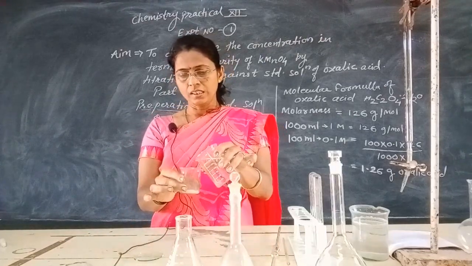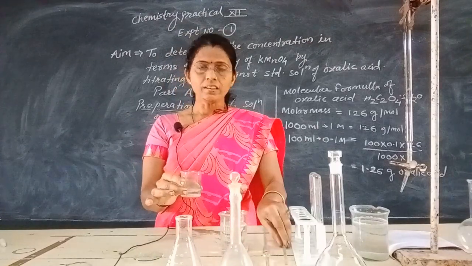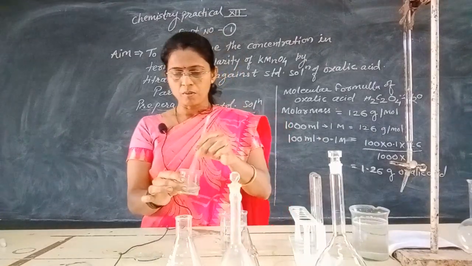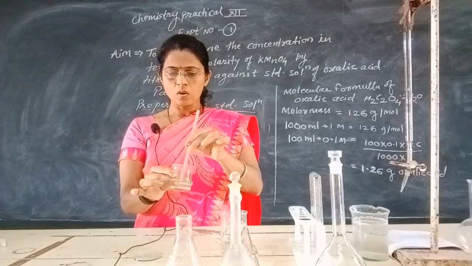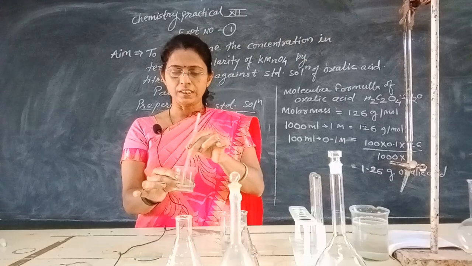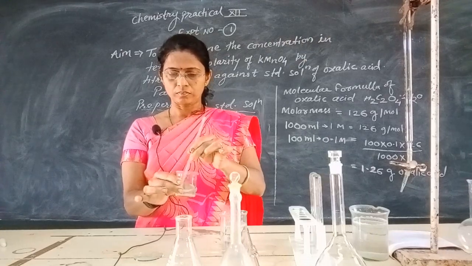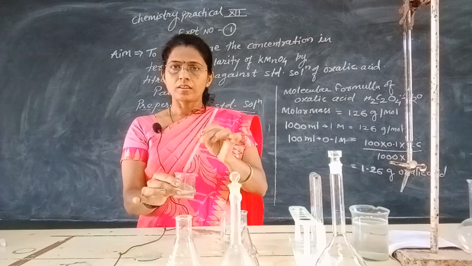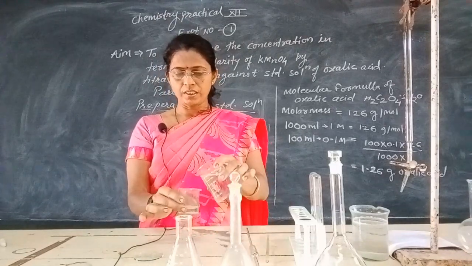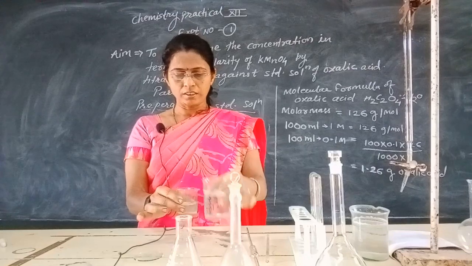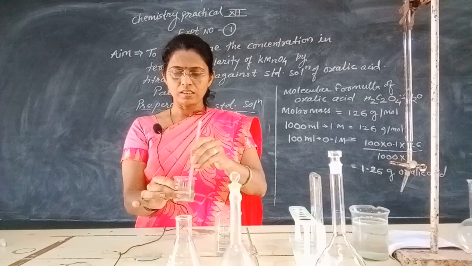Add a little amount of distilled water and stir it with the help of a glass rod till the oxalic acid gets completely dissolved in water. If needed, add a little more distilled water to dissolve your oxalic acid completely.